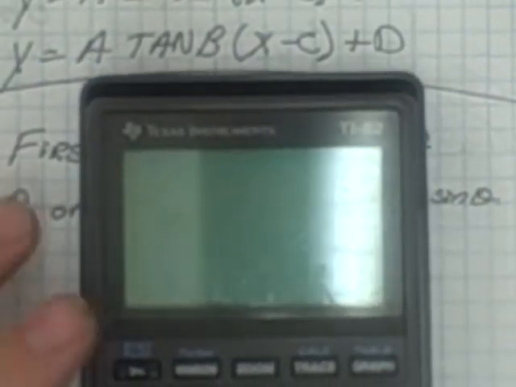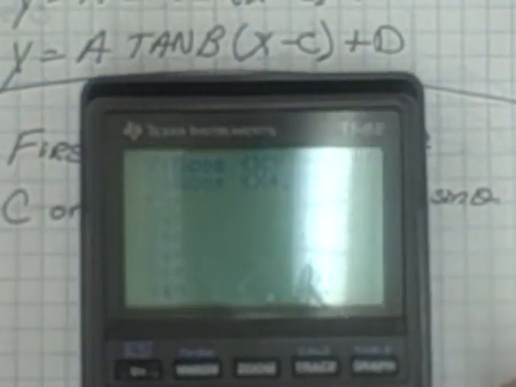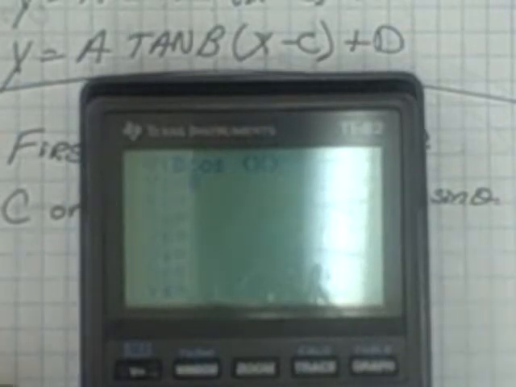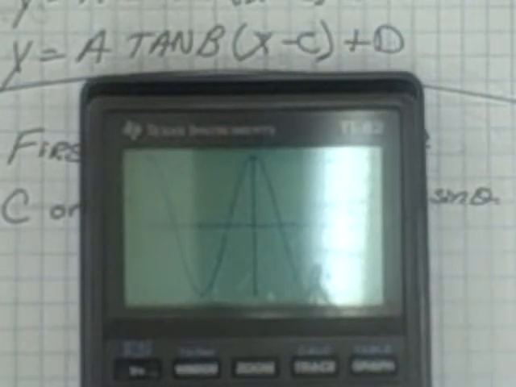Okay, so let's put in cos x there, and let's clear this one. And let's just go cos x in brackets plus 1. So I am now going to graph that. And as you can see, there's the cos graph. Oh, and look at that. You only see part of the other graph.